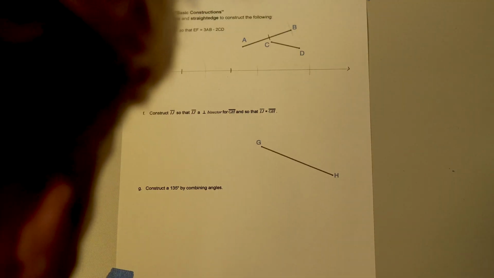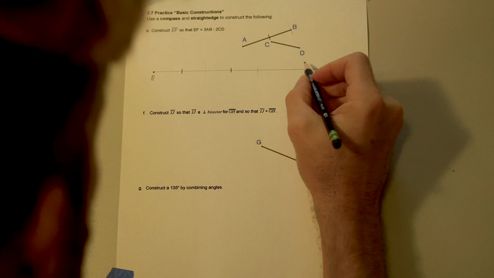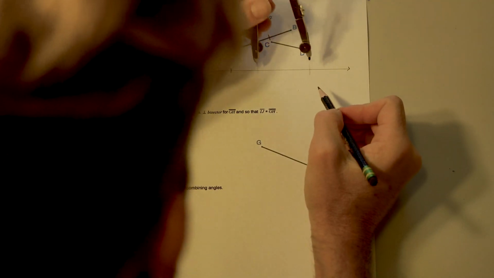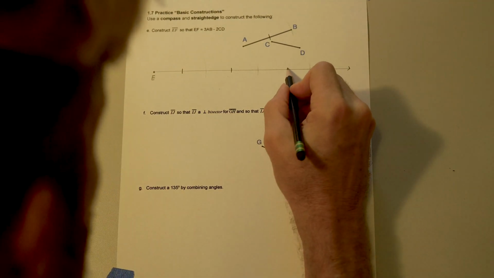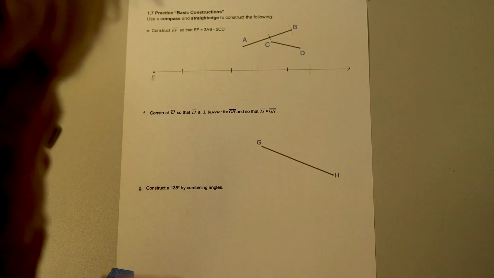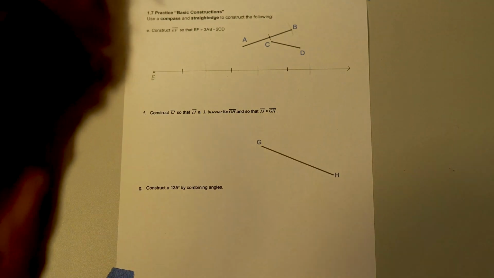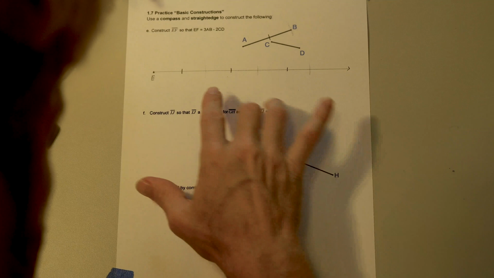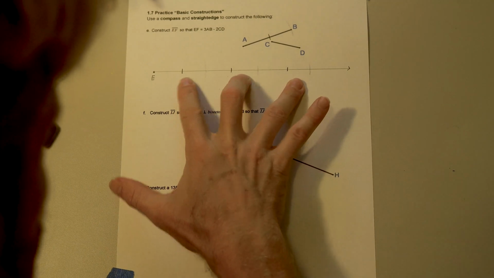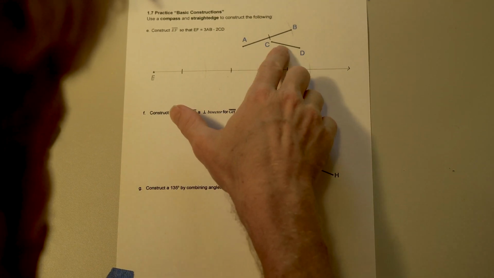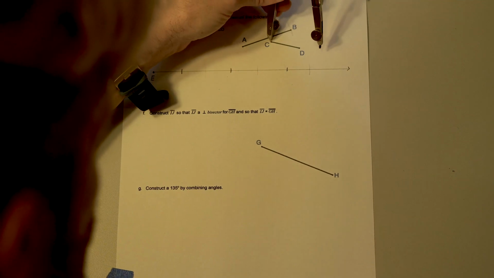You can see that. Did I go the right place? Yep. I like to keep the arcs visible. Don't erase your arcs. That's part of our work. Now, 3AB is right there. Now we're going to subtract 2 of these CDs. So let's measure CD.